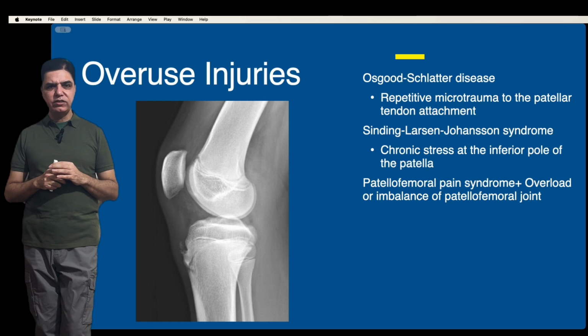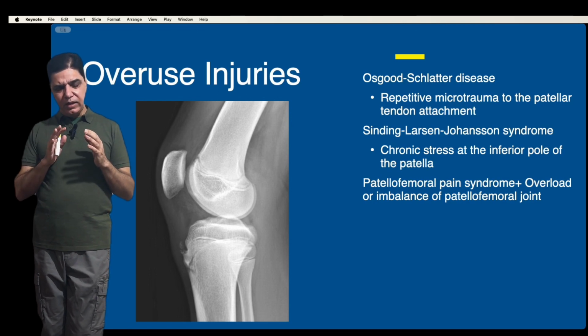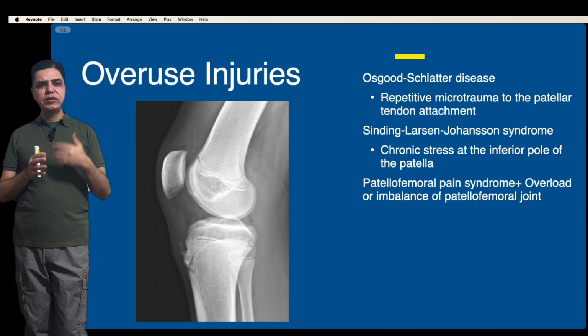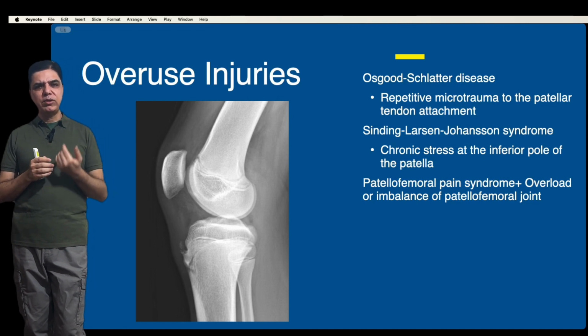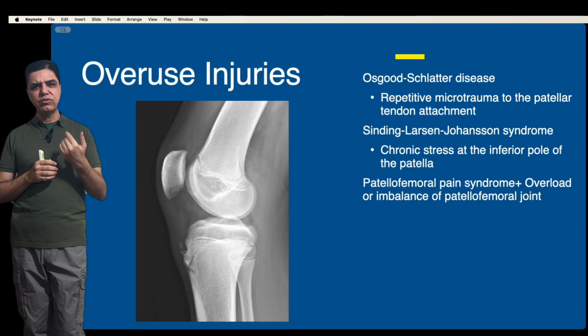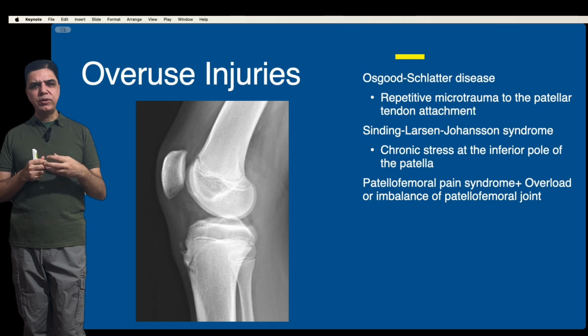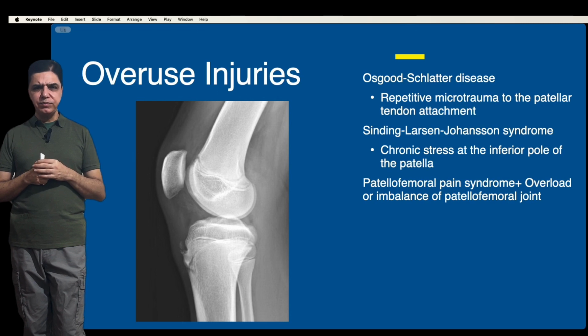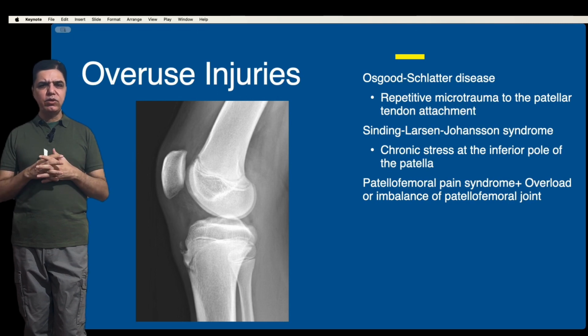In Osgood-Schlatter disease, where the patellar tendon attaches on the tibia, the repetitive microtrauma because of repetitive jumping or running leads to microfragmentation of the tibial tuberosity. That leads to swelling over the tibial tuberosity and pain, especially when you press on that particular area, and that is what we call Osgood-Schlatter disease.